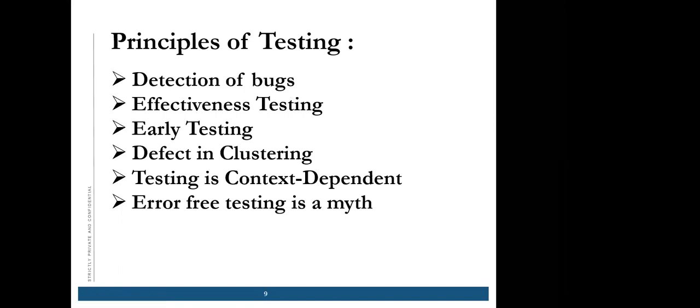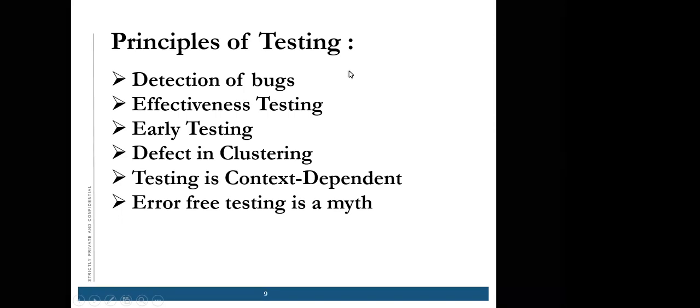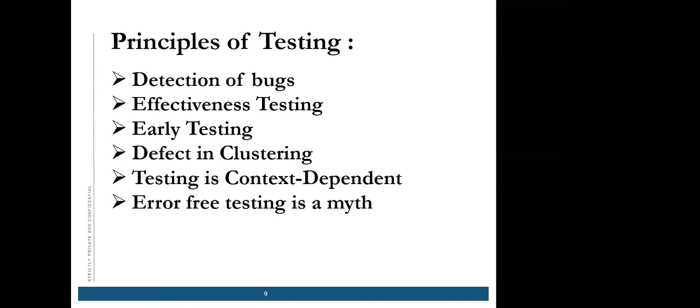Okay. So next is effectiveness testing. Testing with effectiveness is basically impossible. Until your project or the application under test has a straightforward structure having limited inputs, it won't be likely or achievable to check all the feasible sets of data models or scenarios.